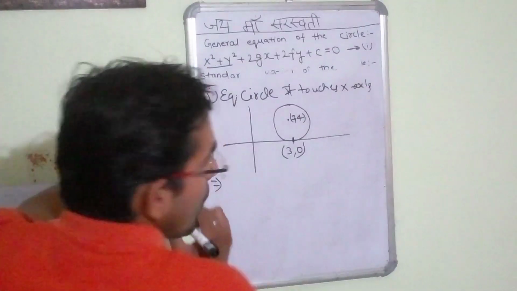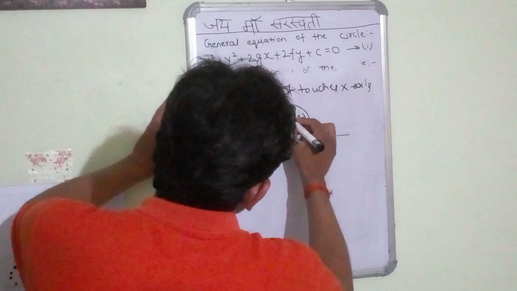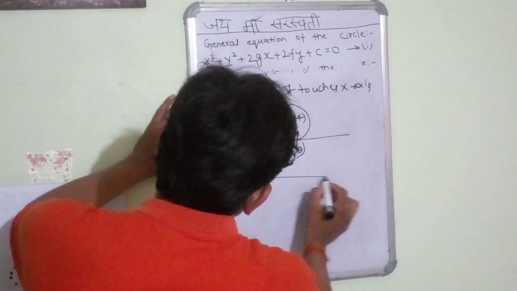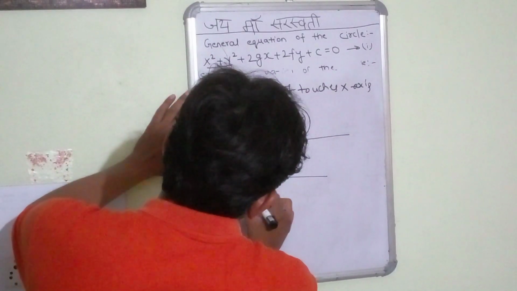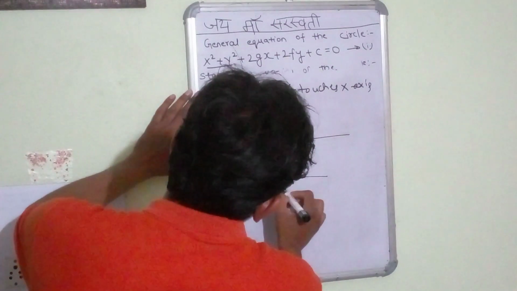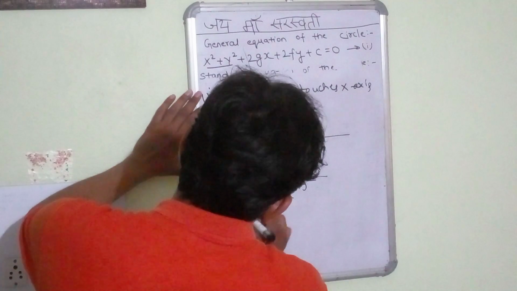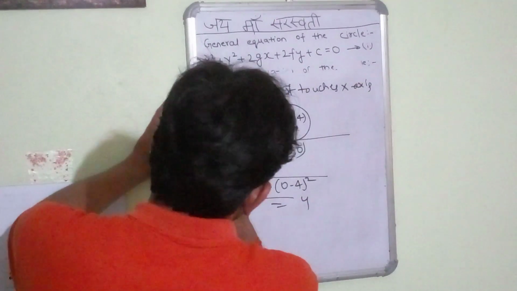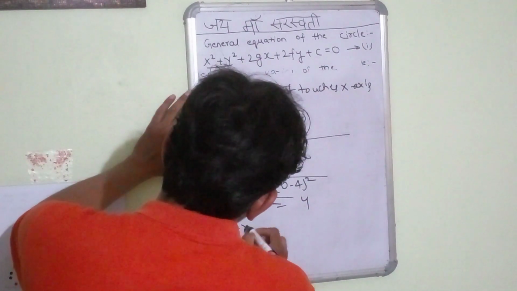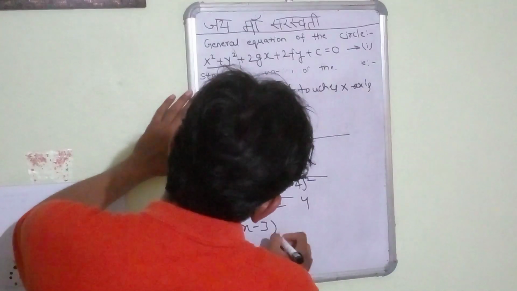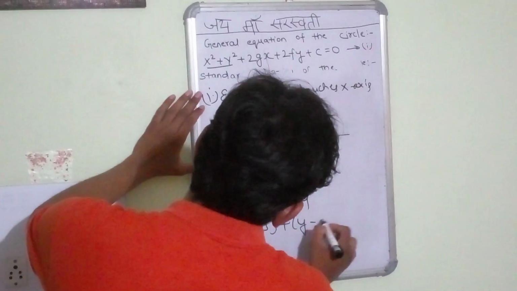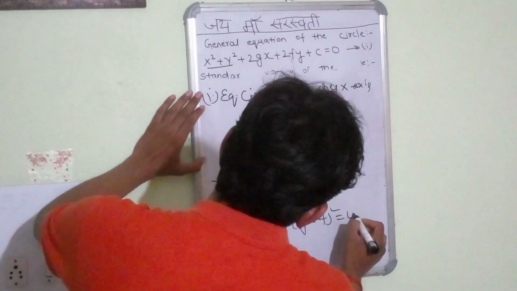Now we will be using the distance formula to calculate the radius. It will be under root of x2 minus x1 the whole square plus y2 minus y1 the whole square. It will be under root 16, that is 4. So we are using the equation x minus 3 the whole square plus y minus 4 the whole square is equal to 4 square.